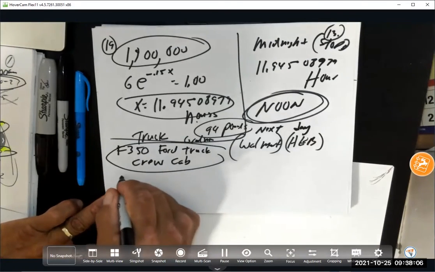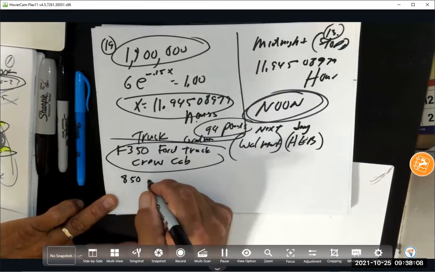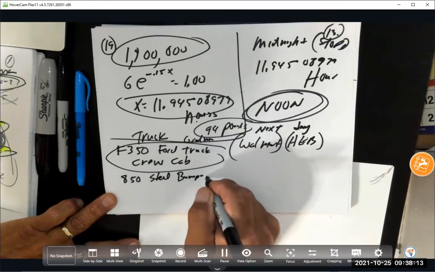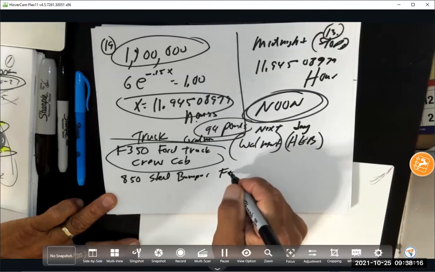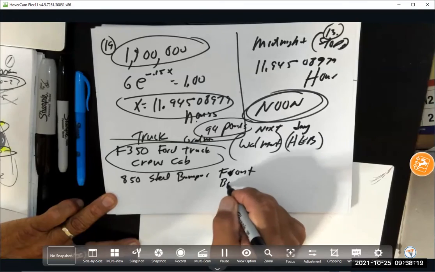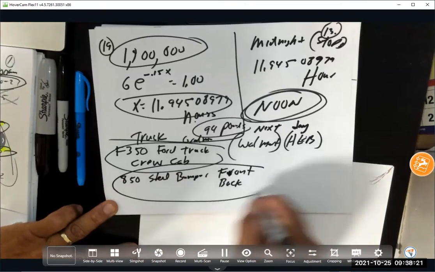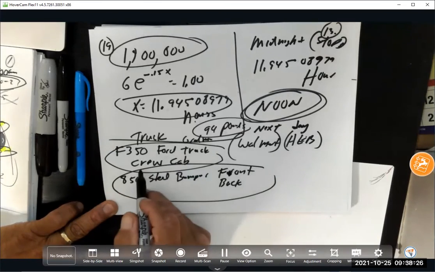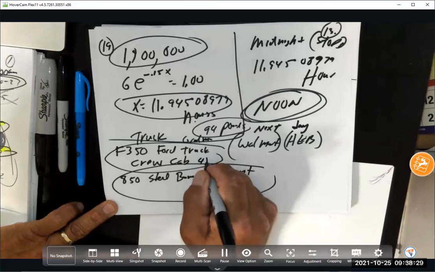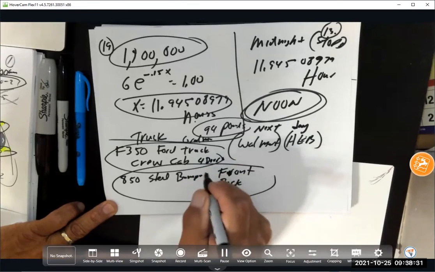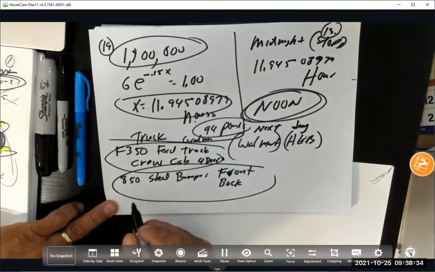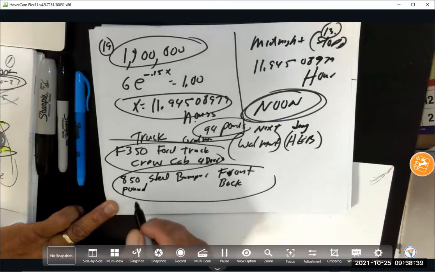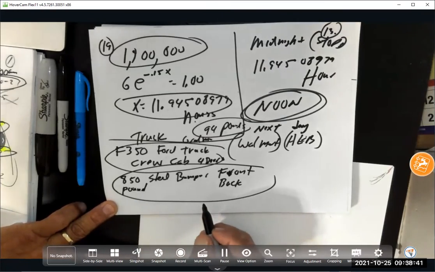And she has the 850-pound steel bumpers in the front and the back of her truck. Okay, so this is what she drives. She drives an F-350 Ford truck, crew cab. That means it has 4 doors. It's a big old machine. And she put those 850-pound steel bumpers in the front and in the back. Does that make sense? And that's what she drives.